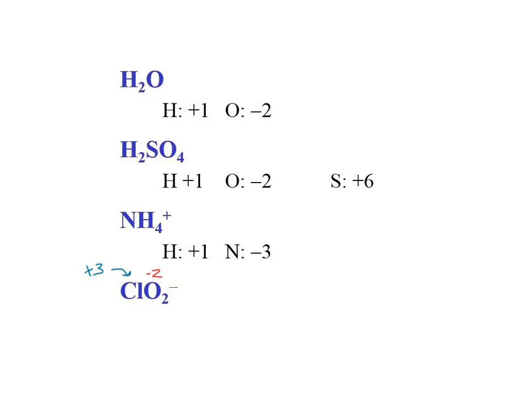So +3 is the oxidation number, oxidation state, oxidation number, both of that chlorine atom. How did we know that? We started with the oxygen, which we can hang our hats on. So at the crux of your chemical cells is understanding oxidation numbers.